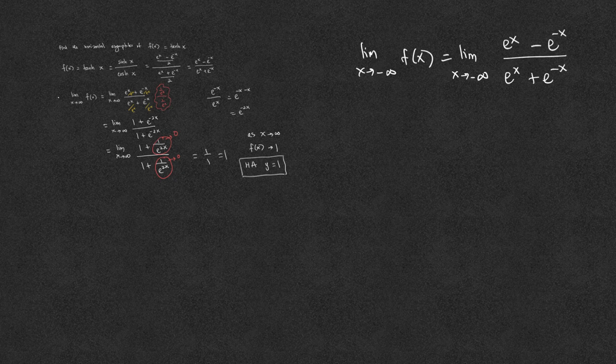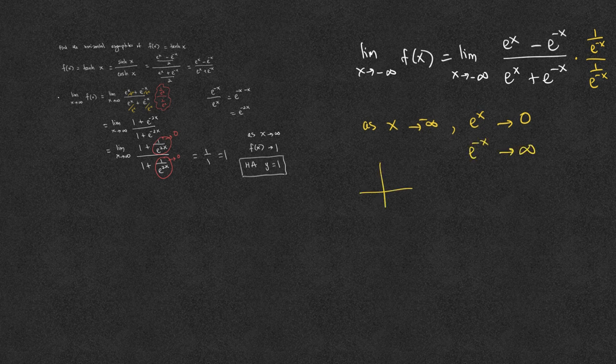But unlike the previous procedure, this time we would multiply the well-chosen one, which is 1 over e to the negative x over 1 over e to the negative x, and that is because as x goes to negative infinity, e to the x actually goes to 0, but e to the negative x goes to infinity.